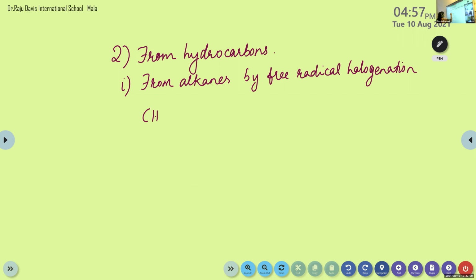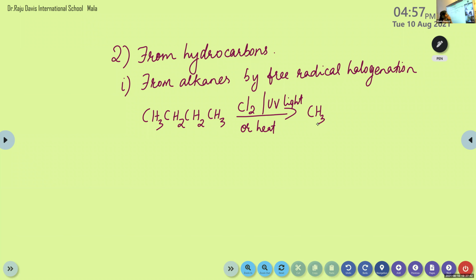So we can write the chemical equation first. CH3CH2CH2CH3, then free radical halogenation, that means addition of halogen. Here chlorine is added, Cl2, in the presence of UV light or heat. Then 2 products are obtained, one is major and the other is minor.